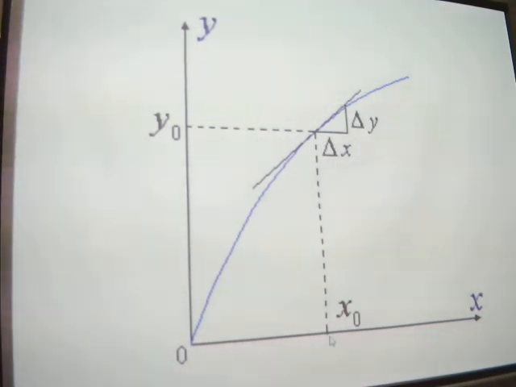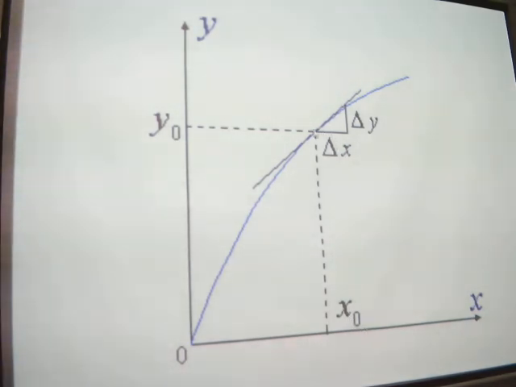Now this is the initial point x0. This is the function value y0, which corresponds to x0. It is also the function value of x0.